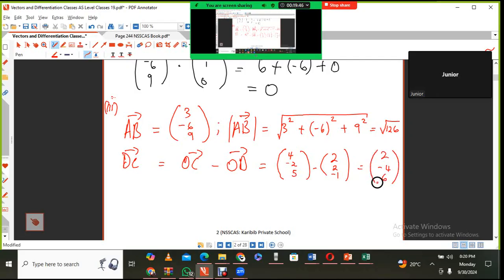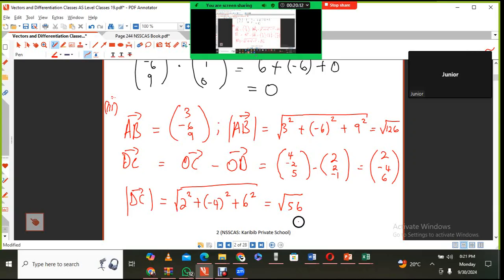Are we together? Okay, so we can calculate the magnitude now. So the magnitude will be 2 squared, -4 squared, 6 squared. If you punch that on your calculator, what do you get? Square root of 56.